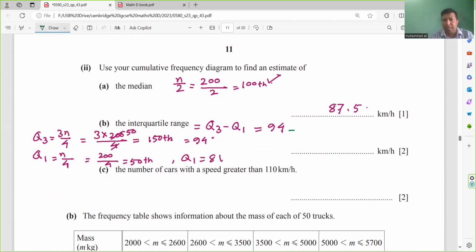So 94 minus 81, after subtraction, we get 13. 13 kilometer per hour is the interquartile range. At first, you have to find the upper quartile, and we also find the lower quartile. Upper quartile is 3N by 4, the 150th position.